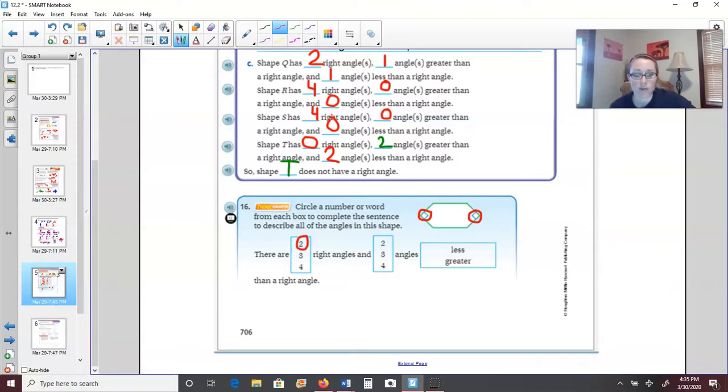And 2, 3, or 4 angles that are either greater, less, or greater than a right angle. Well, look at these angles here. These angles are opening up wider. These are big, obtuse angles. There are 1, 2, 3, 4 of them, and they are greater than a right angle.